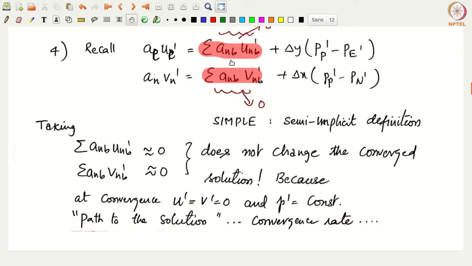But if you had not neglected these things, what would have happened? U_e prime requires not only P primes when you substitute in the continuity equation, it also requires u_nb prime. Then u_nb prime would also have a similar equation which will depend on its own neighbors. That means here it will be like a_e u_e prime, for the neighboring cell, would depend on its neighbors and some pressure corrections and so on, and this keeps going until essentially the pressure correction for every cell is included in the equation.